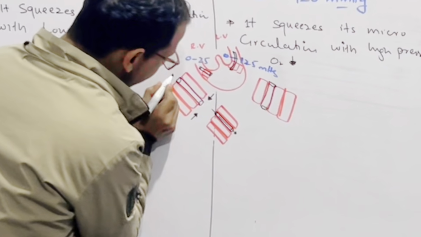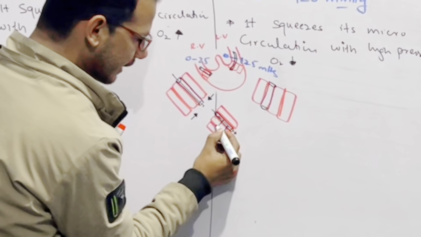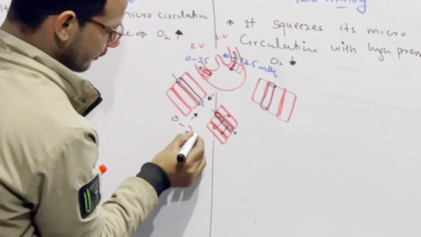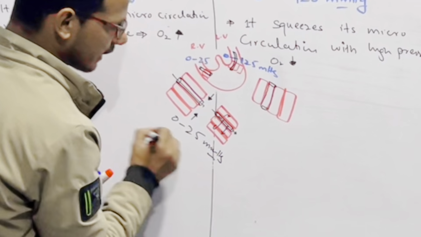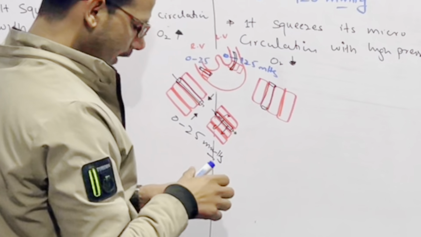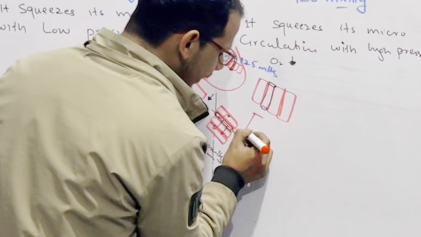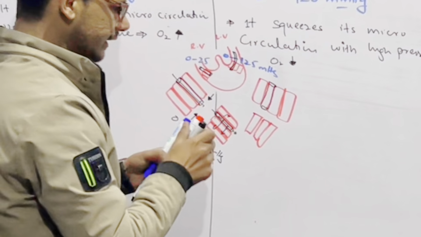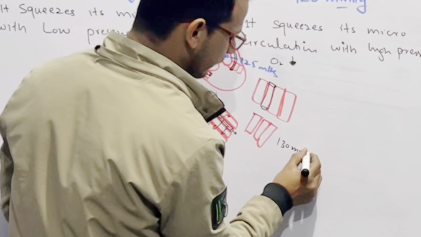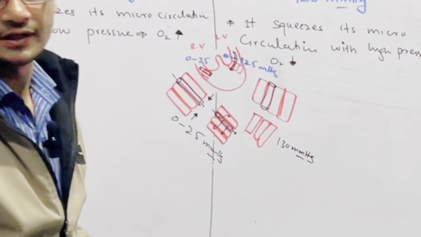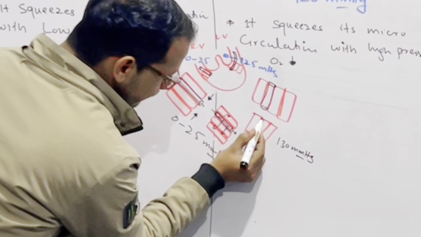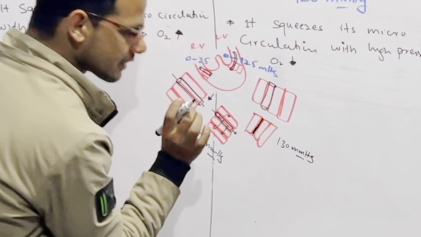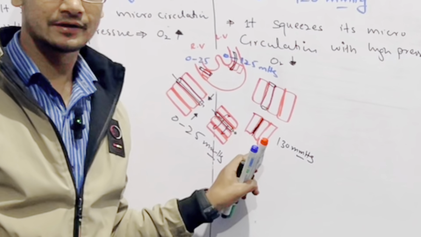Now blood can pass from here and supply the myocardium, but here the pressure is 25 mm of Hg, while here it will contract with more pressure, about 130 mm of Hg, and it squeezes its microcirculation so much that it blocks its blood supply.